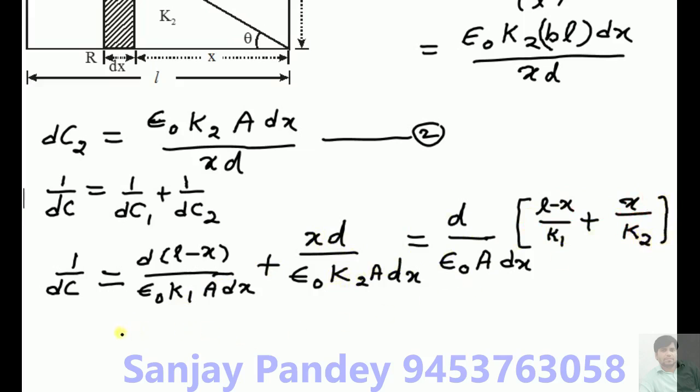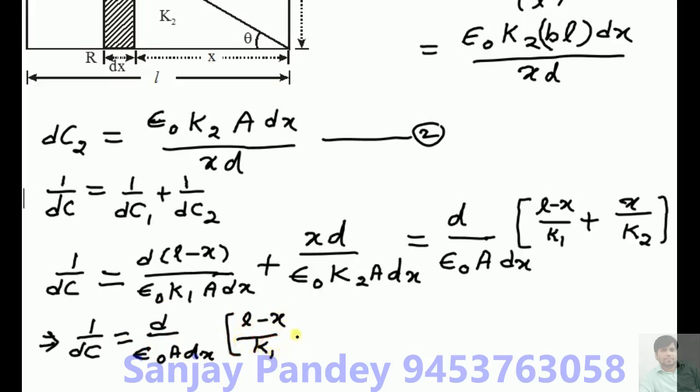So the value of 1 upon dC is D upon epsilon naught A dx into L minus x upon K1 plus x upon K2.